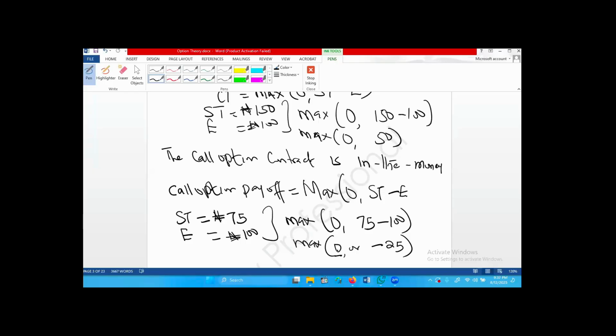For the second scenario, this contract is out of the money.